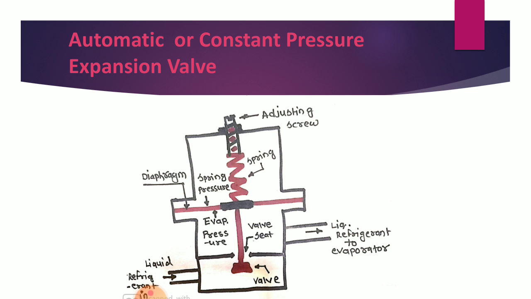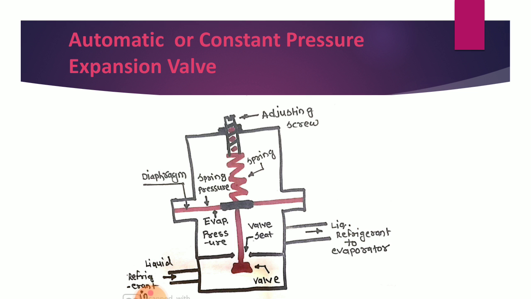Now see how we can maintain it. When the compressor is running, the valve maintains the evaporator pressure in equilibrium with the spring pressure. In this way we set the design pressure, or the required evaporator pressure, by adjusting the screw.